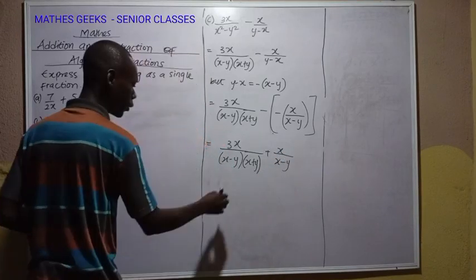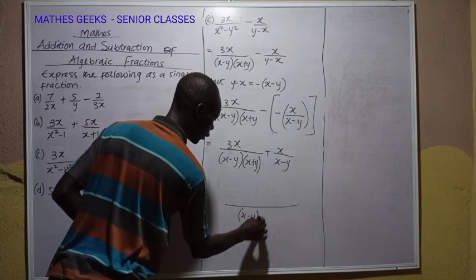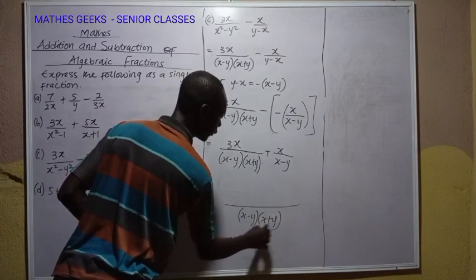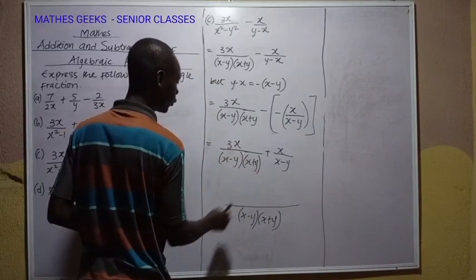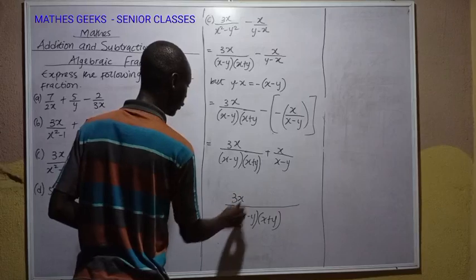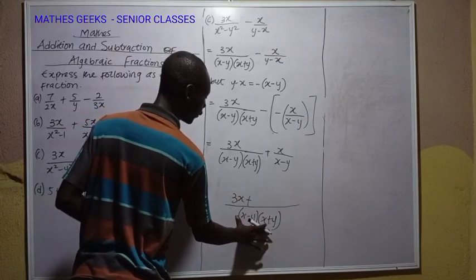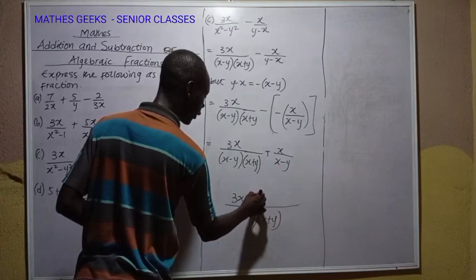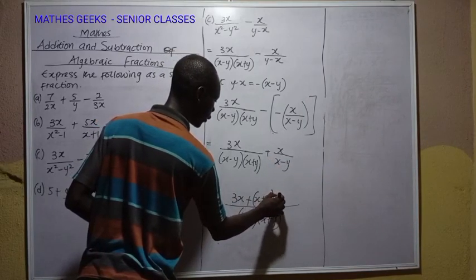So our LCM would be x minus y and x plus y. LCM divides the denominator will give us 1, times 2x, is equal to 2x, plus LCM divides the denominator, we are left with x plus y and x.